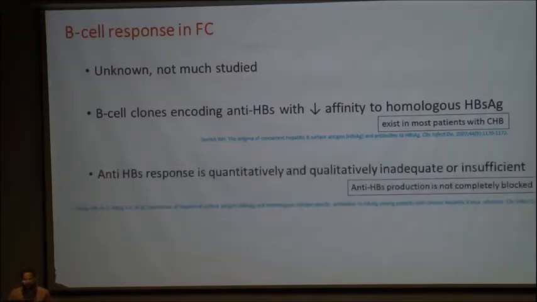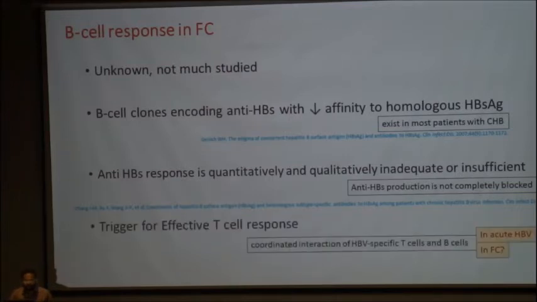The anti-HBs response is thus both quantitatively and qualitatively inadequate to clear the virus. But anti-HBs production is not completely blocked. In acute hepatitis B, it is known that coordinated interaction of HBV-specific T and B cells is required to achieve clearance of the virus. Such a concept is not studied in chronic hepatitis B for functional cure.